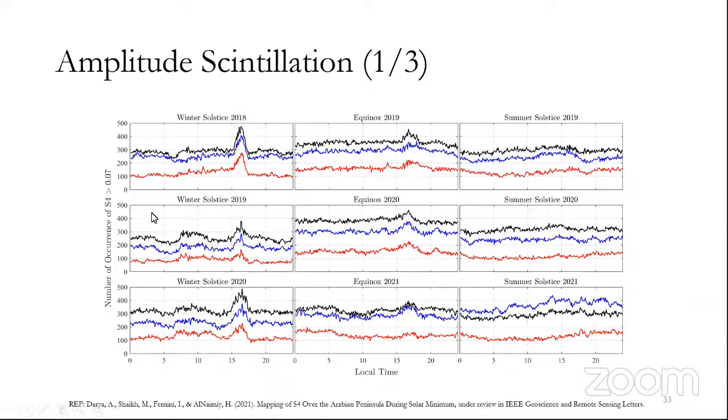This peak starts around 15 local time, which is 3 p.m., up to 17 local time, which is 5 p.m. So for 2 hours. And this period, if you notice, is before sunset. What's interesting about this is that typically other receivers observe a peak after sunset up to midnight. However, this is not what we observe. We observe a peak before sunset, and this is something to consider.